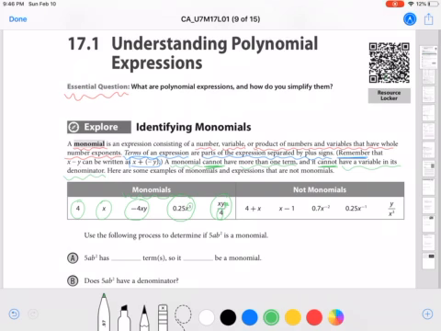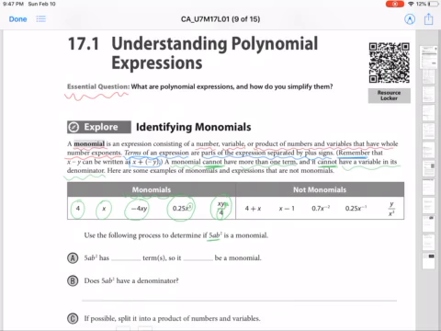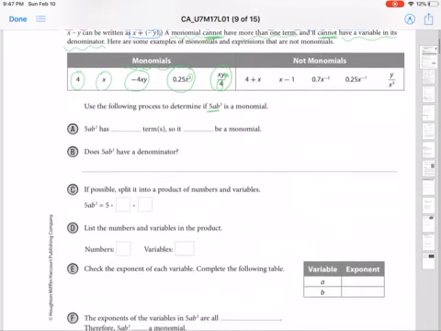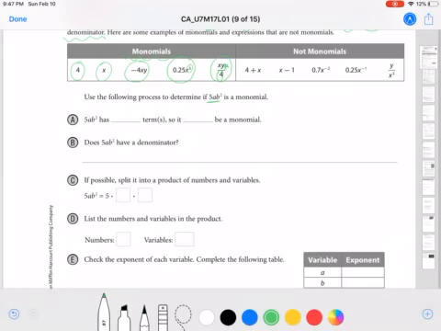Okay, so now we're going to use the following process to determine if 5ab squared is a monomial. We're going to just scroll down a little bit here, and we're going to start at A. I want to point out that 5ab squared has blank term or terms, so it blank could be a monomial.